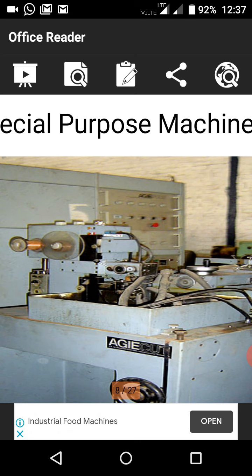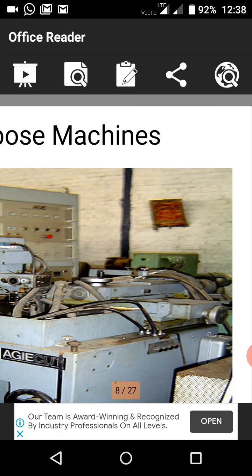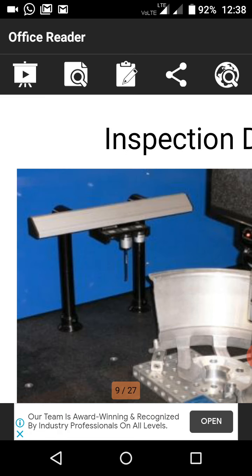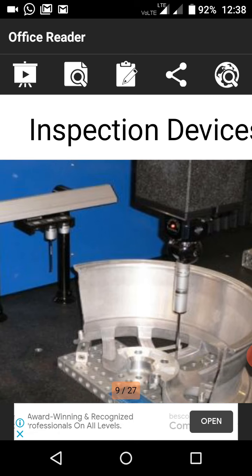Next comes the inspection device. What is this inspection device? It is an instrument for testing measurements, which guarantees the production process.